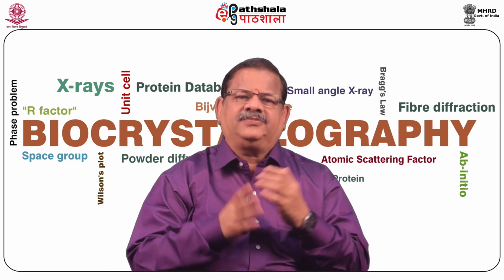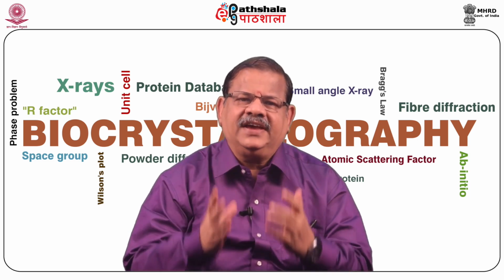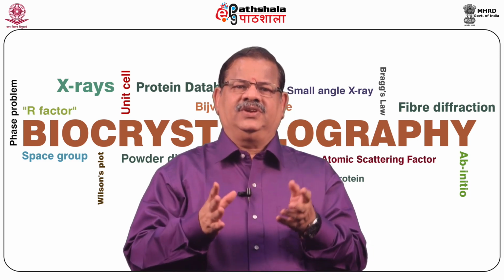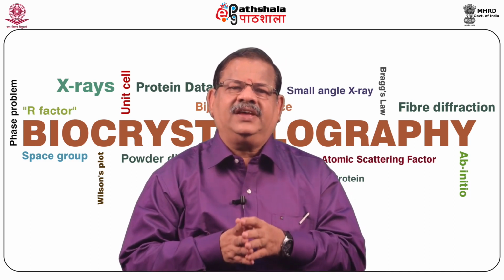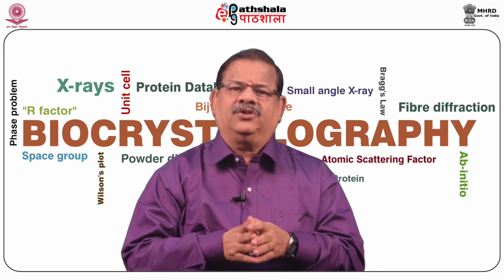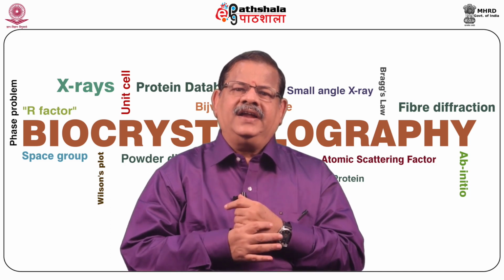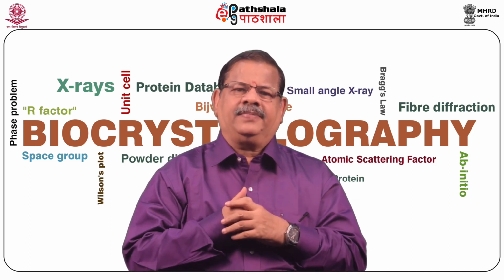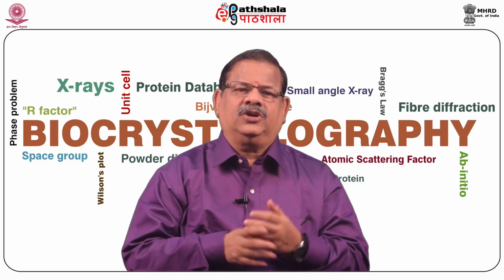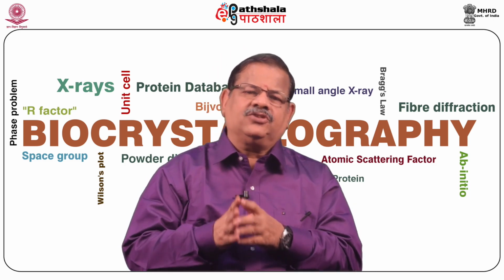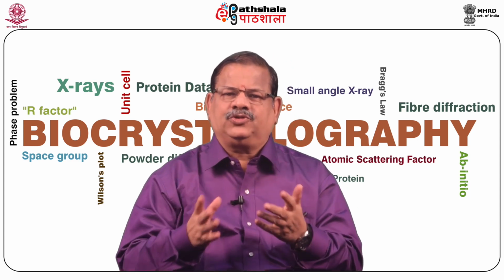If phi of H is pi and phi of K is 0, then phi of H plus K equals phi of H plus phi of K, which is pi plus 0, equal to pi. And if phi of H is pi and phi of K is pi, then again phi of H plus K equals phi of H plus phi of K, which is pi plus pi equals 2 pi, which is equal to 0.